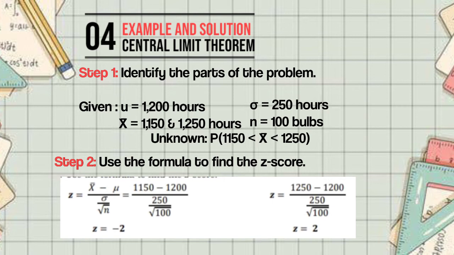On the second one, we use the second sample mean, which is 1,250. 1,250 minus 1,200 over 250 over the square root of 100 is equal to positive 2.